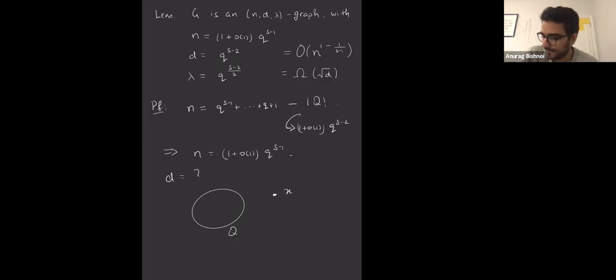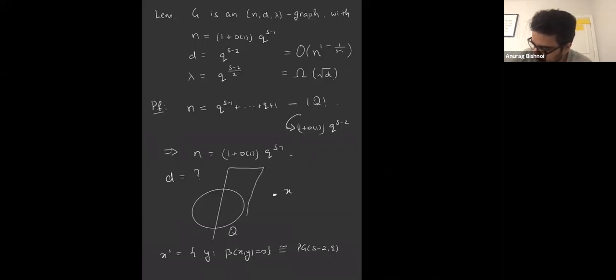So x perp is equal to all those y for which beta of x comma y is 0, a hyperplane, and it looks as follows. This is our x perp. The point x is not contained in x perp because it's a non-singular point.